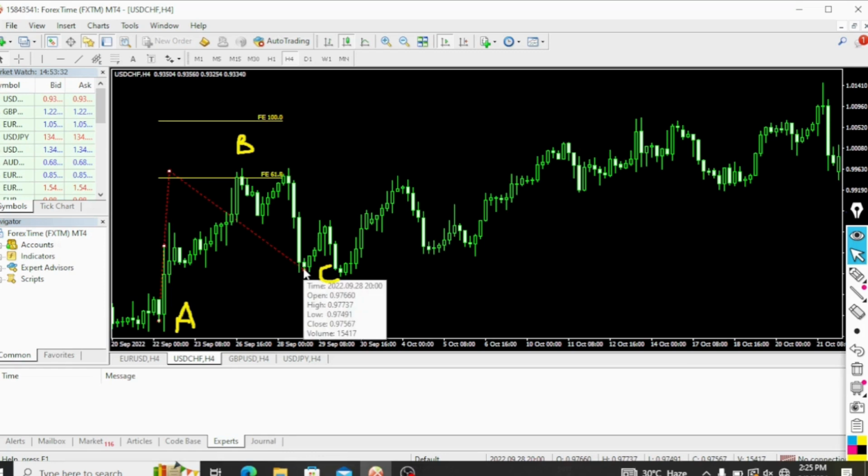You drag this additional line here to C, or you drag it to the end of the corrective wave. So our purpose is to determine where should be our profit target.